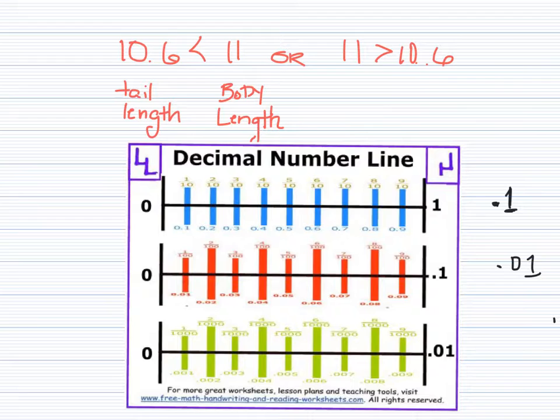The 1, of course, could be a 2 or a 3 or whatever. 0.01 is 1/100ths. 0.02 is 2/100ths. 0.03 is 3/100ths. 0.04 is 4/100ths. 0.05 is 5/100ths. 0.06 is 6/100ths. 0.07 is 7/100ths. 0.08 is 8/100ths. And 0.09 is 9/100ths.